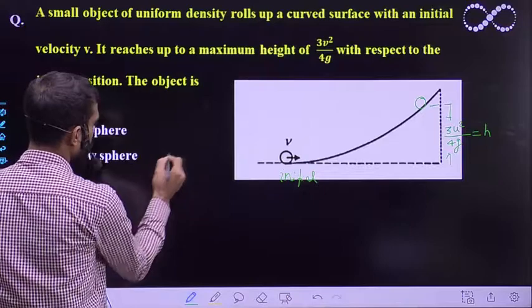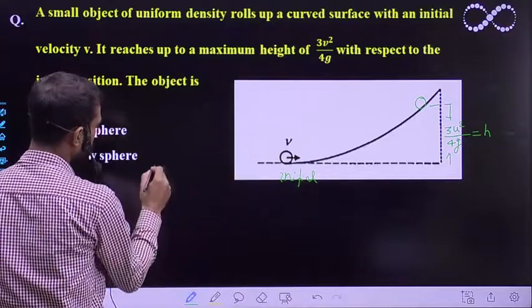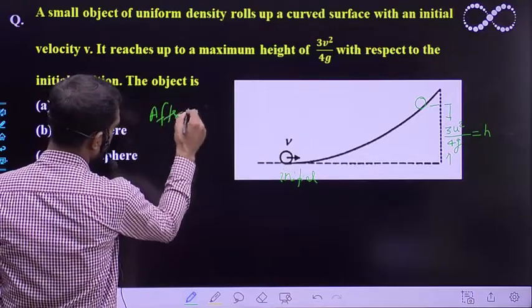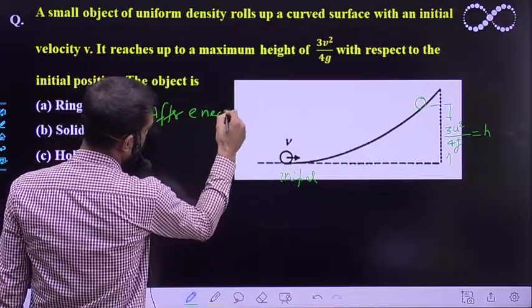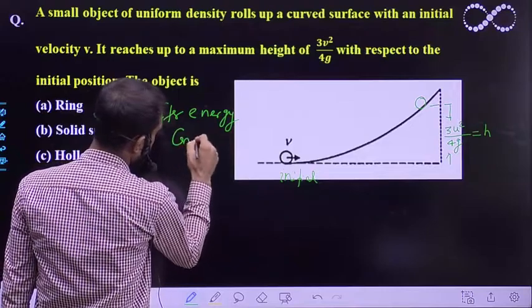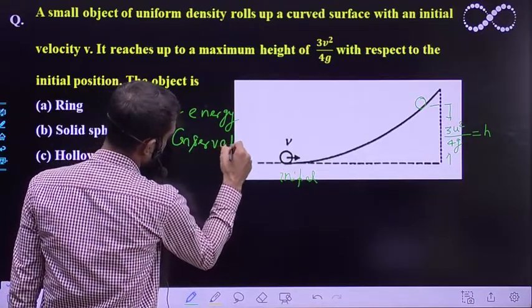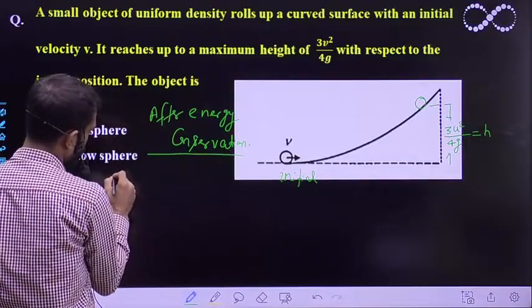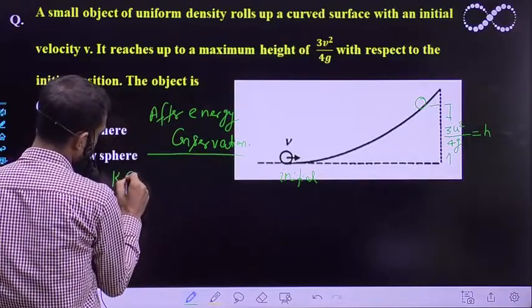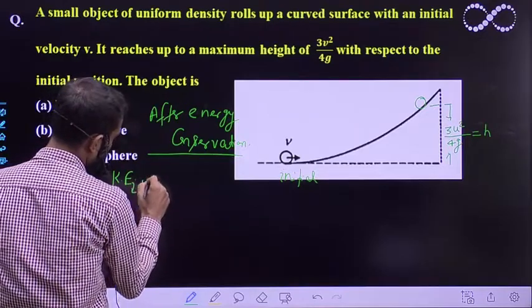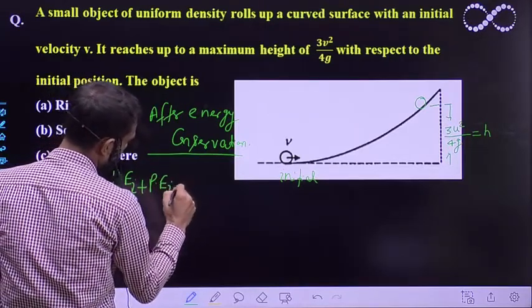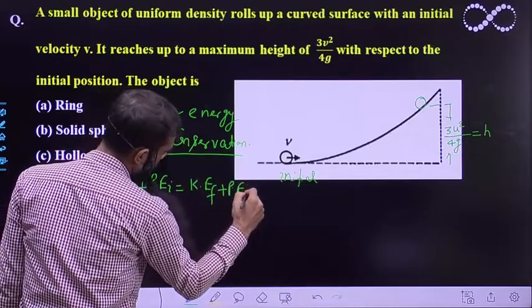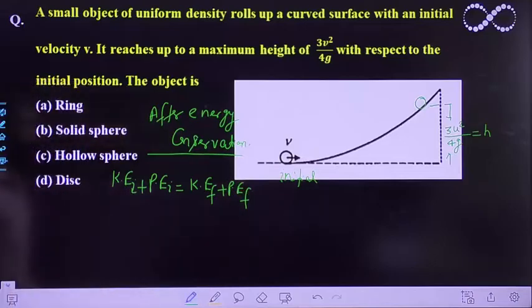So after energy conservation, I can say KE initial plus PE initial must be equal to KE final plus PE final, because the energy will remain conserved here.